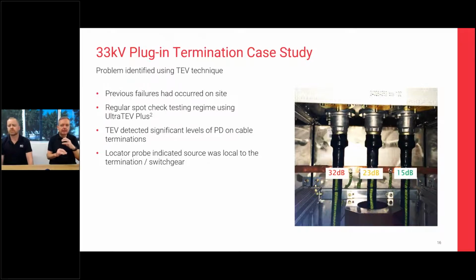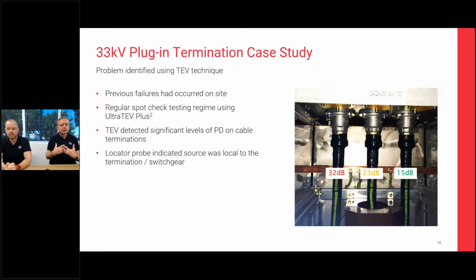It's more a case of identifying the fact that you've got discharge in there. Certain defects may not produce very high levels of PD before they fail. So if we're starting to see a population issue and we start seeing PD, maybe we're only seeing the 23 dB here. If we've had previous problems, then that's something that we would take much more seriously than if we just saw it as a one-off test.